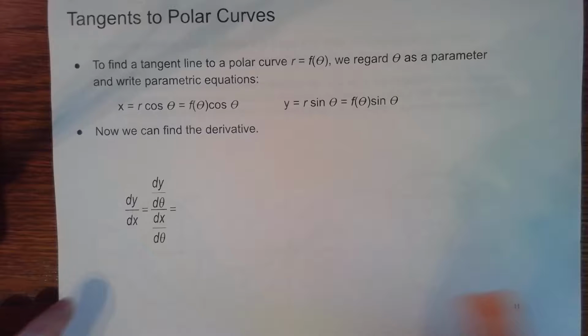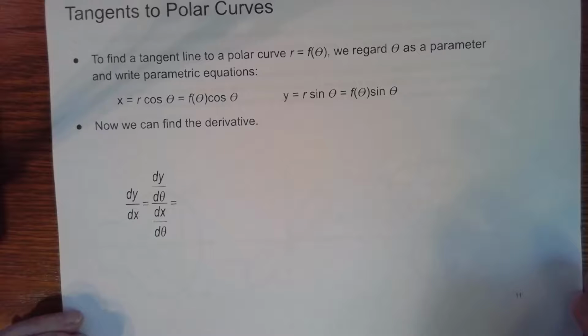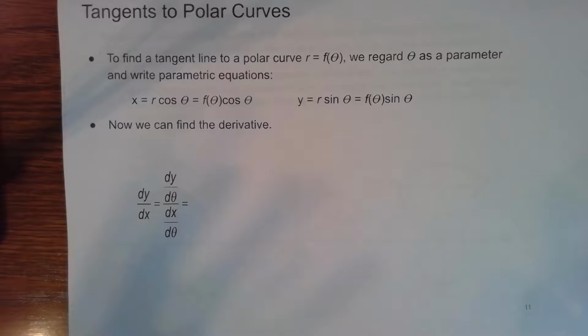Okay. Now, one thing to notice is that because these are a product, we're going to have to use the product rule on these. So let's just be very generic.